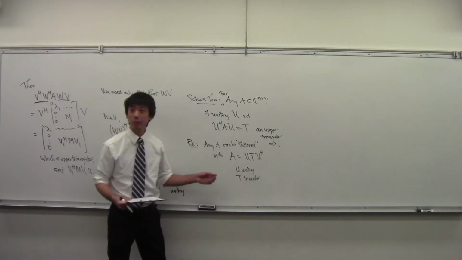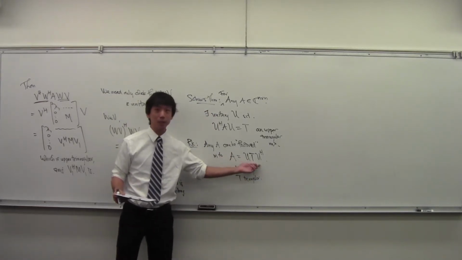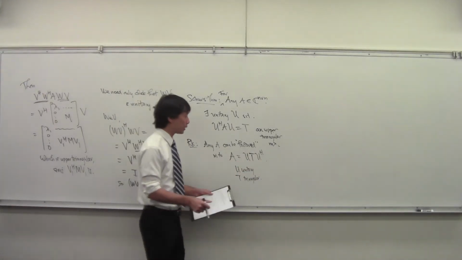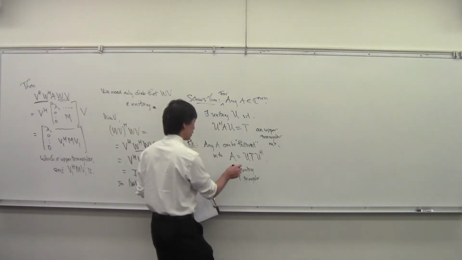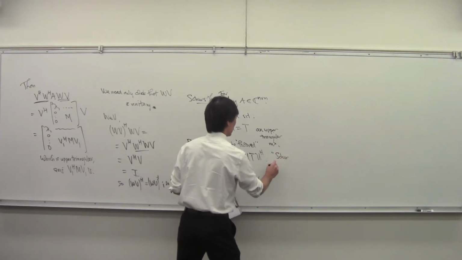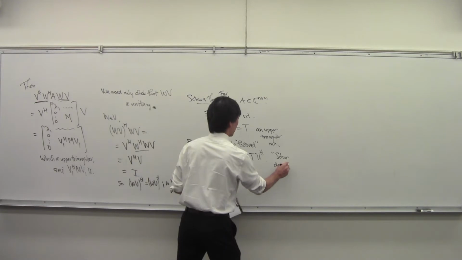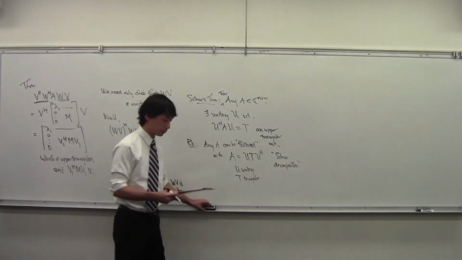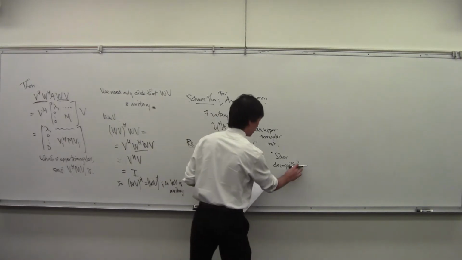Any matrix has a factorization like this. This factorization is called the Schur decomposition of A.